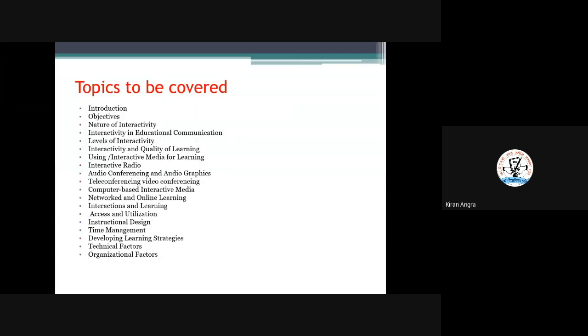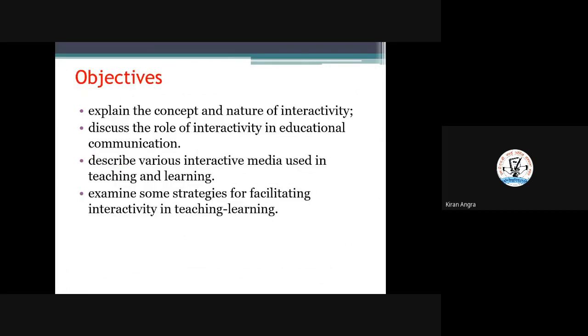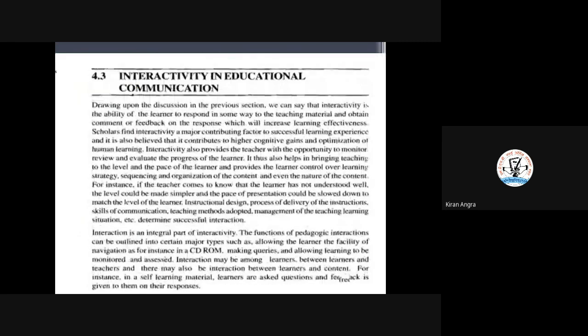There are many issues, of course, which are related to interactivity, interactive media. So, very important. The first thing I'm going to discuss with you is interactivity in educational communication, and what the levels of interactivity are.